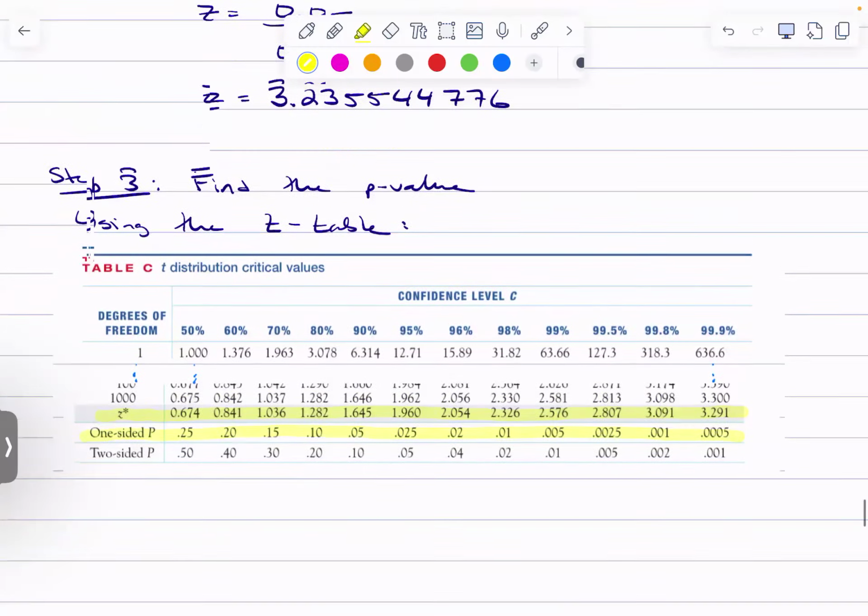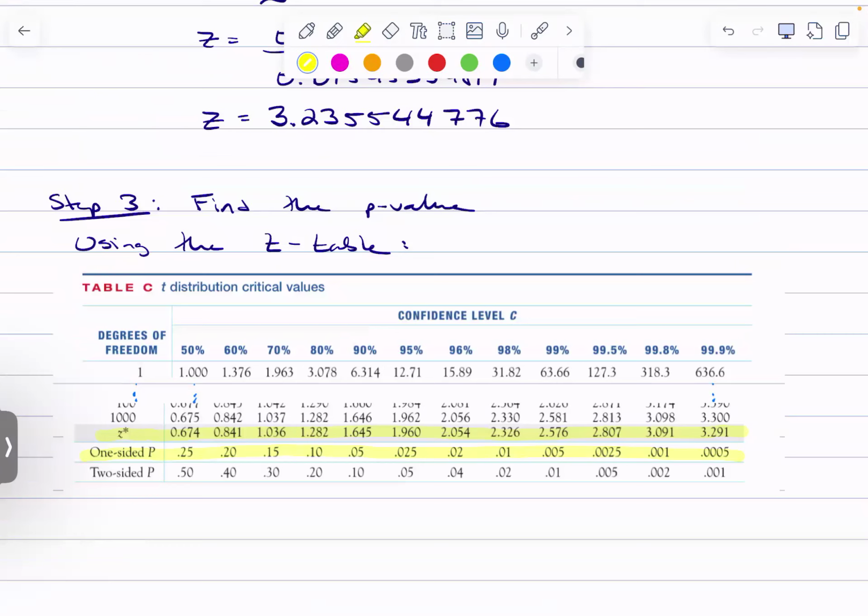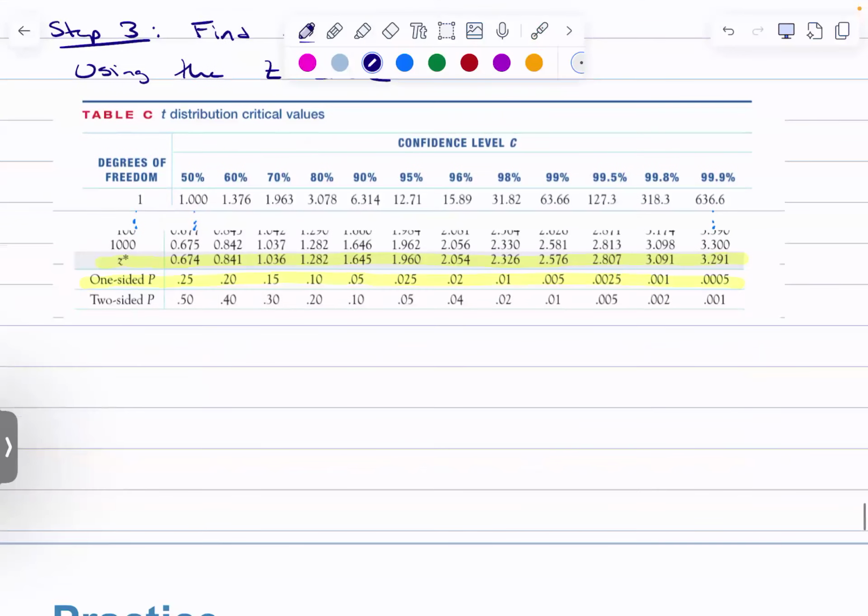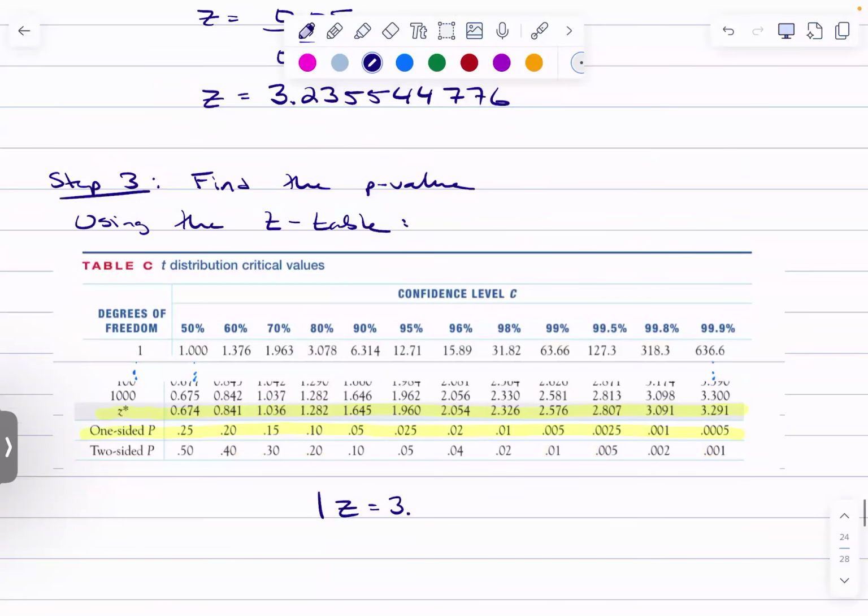So what we do is we take our Z, we take the absolute value of it. And so how we write that is I put it in the center of the page. Z is equal to 3.2355. Let's just lob it off there.